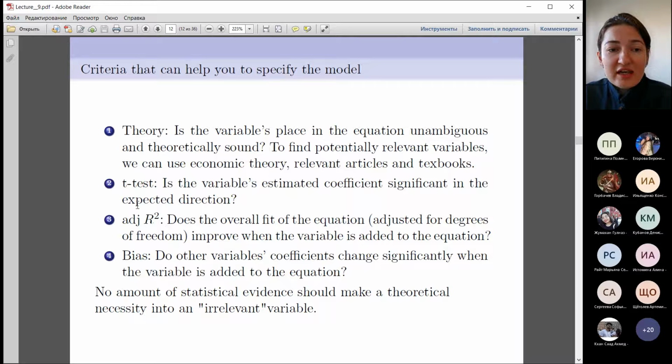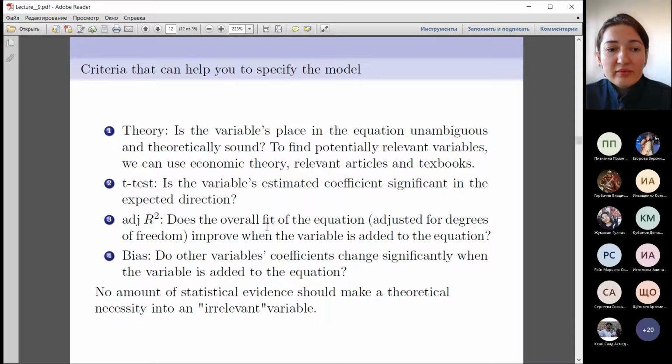So, the next criterion: you should take a look at the adjusted R-squared. Does the overall fit of your model, of your equation, improve when the variable is added to the equation? If we talk about multiple regression, of course, you should use adjusted R-squared, not the general R-squared indicator.